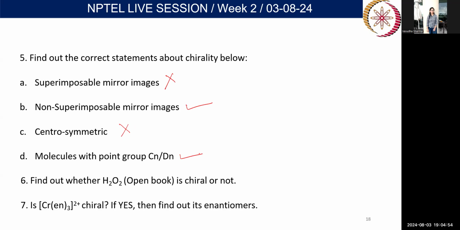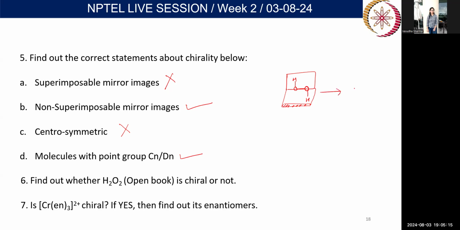Now find out whether the H2O2 open book is chiral or not. So we have the structure of the open book, or you can consider a laptop also. Here on one side you have one OH and on the other side one OH.